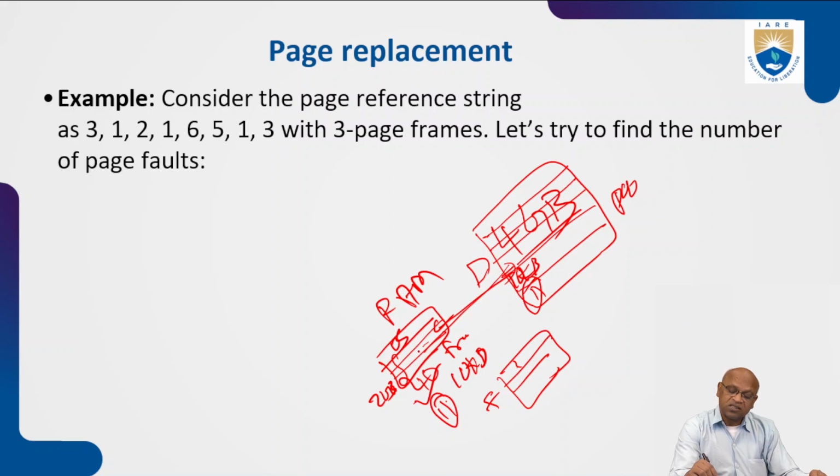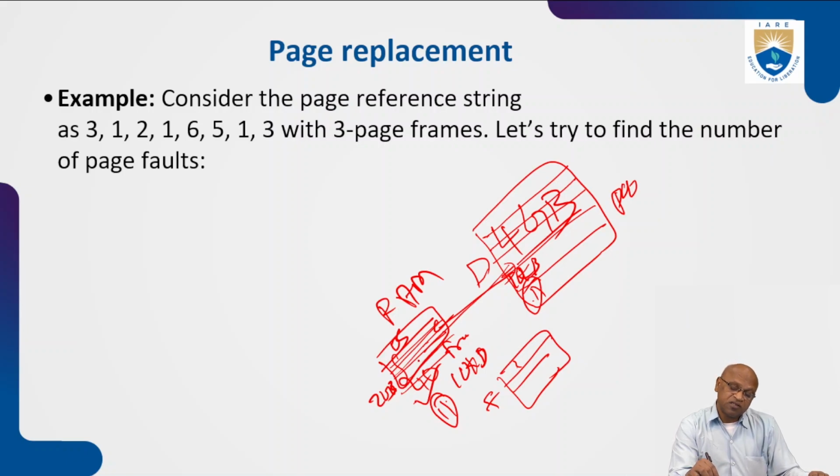So we must swap out, we must clear, vacate, delete or empty one of the frames. Then we bring the 11th page into whichever frame is free or vacated. That's called page replacement.